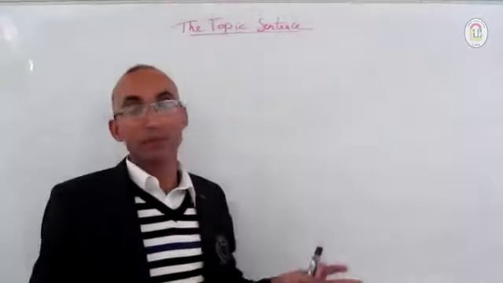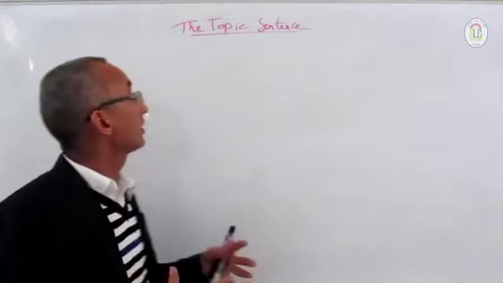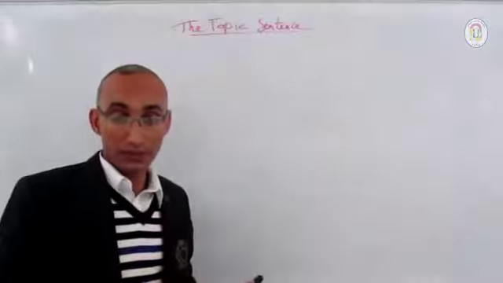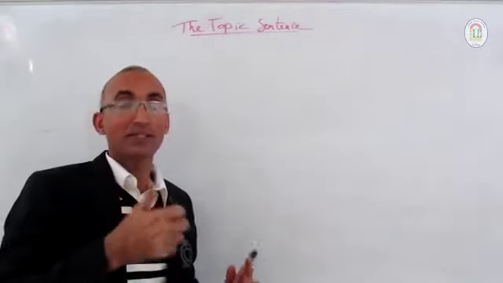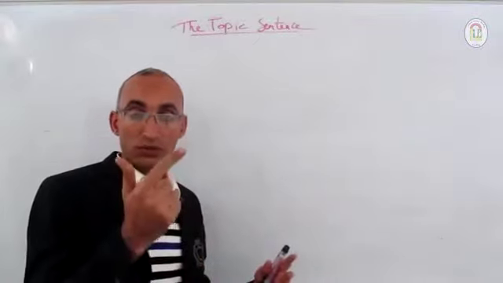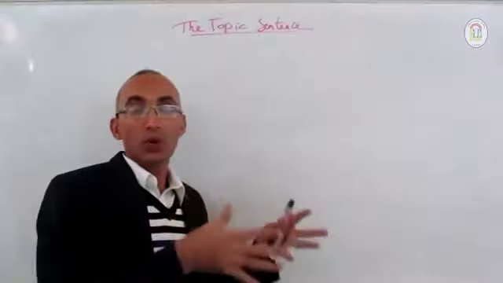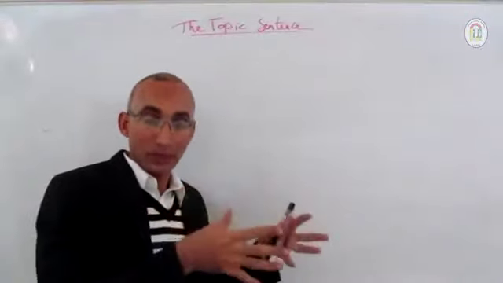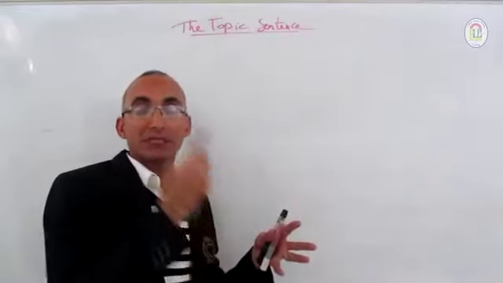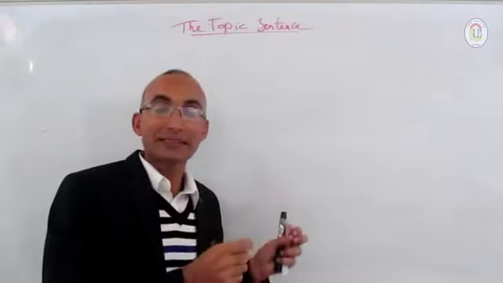That's why we can say that the topic sentence has two functions. Number one, it introduces the topic to the reader, and number two, it limits its broad scope and narrows it down by focusing mainly on one specific idea, which is called academically the controlling idea.